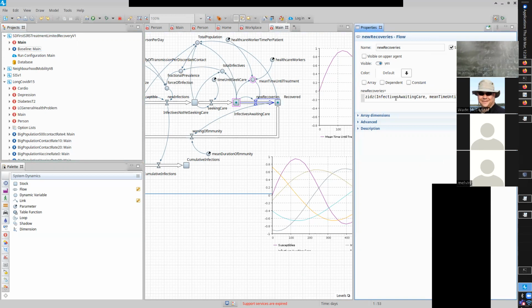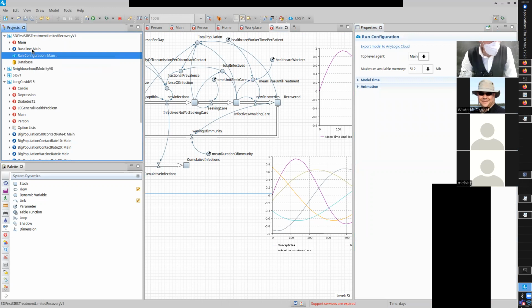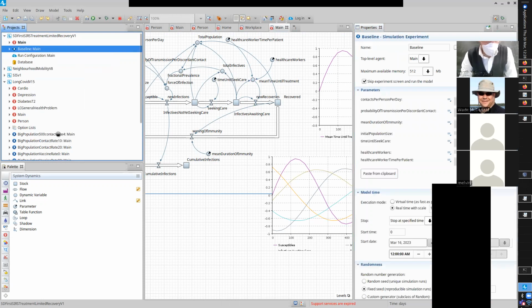So both the numerator and denominator will be 0 at the same time. So we're going to do ZIDZ, which will be basically saying if this is 0, then use 0 for the entire value, because both the numerator and the denominator will be 0.